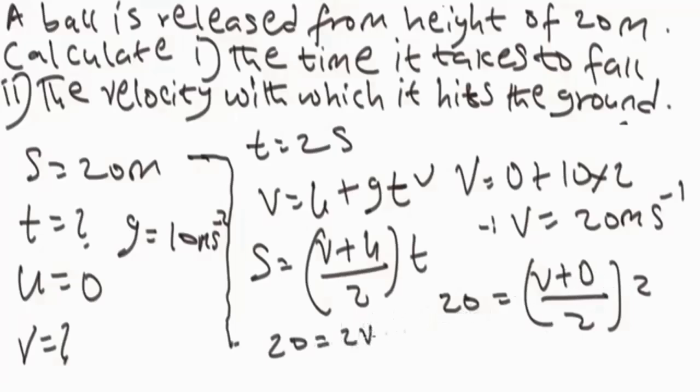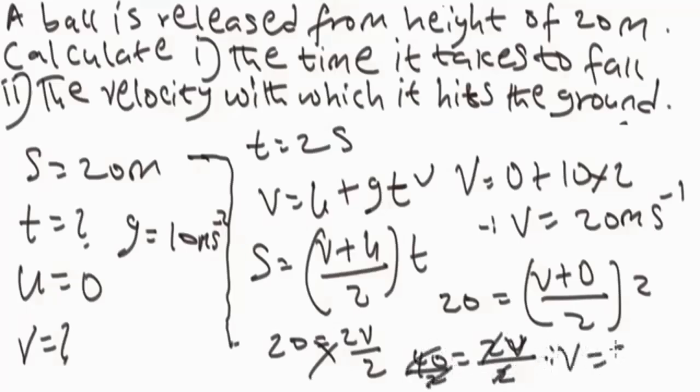Then multiplying, you're going to have 40 equals 2v. To make v the subject of the formula, divide both sides by 2. Therefore 40 divided by 2 gives 20, so v equals 20 meters per second. So any one will work, guys. Right, so it's as simple as that.